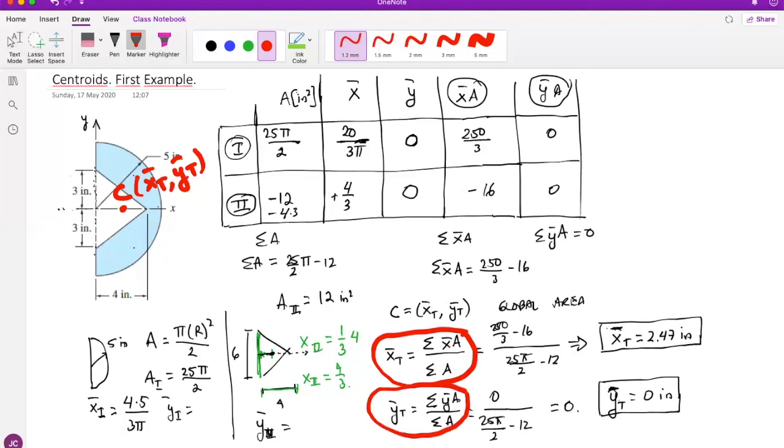Therefore, you're actually doing an average of areas in order to get where the location of the average of those areas is going to be. It's one way to see it. It's not a proper description. I'm not interested right now in proper descriptions or a proper definition for this centroid. I just want you to know how to solve problems.